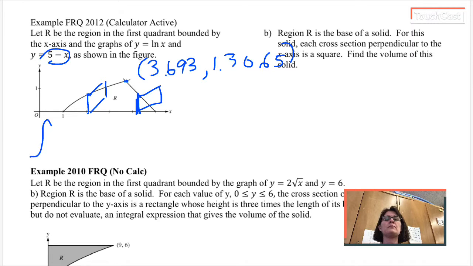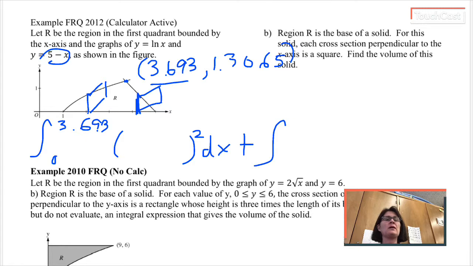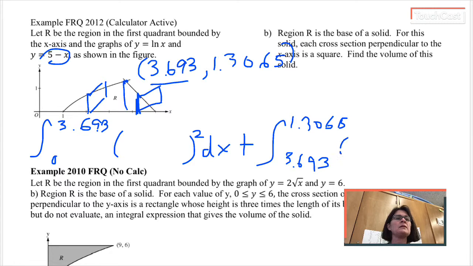I'm going to integrate from 0 to 3.693 side squared dx. And then I'm going to have to add the volume that comes from the second chunk of my solid, which is going to be from 3.693 to 1.3065 side squared dx.